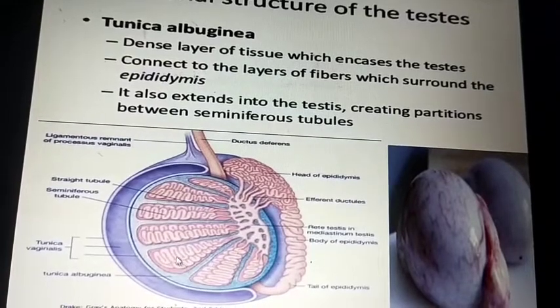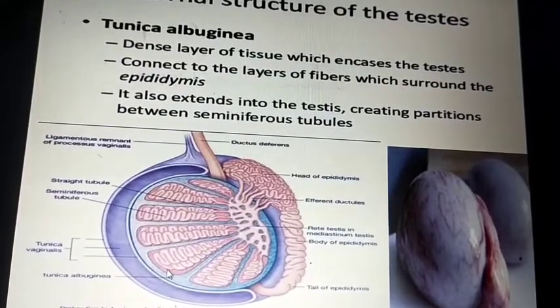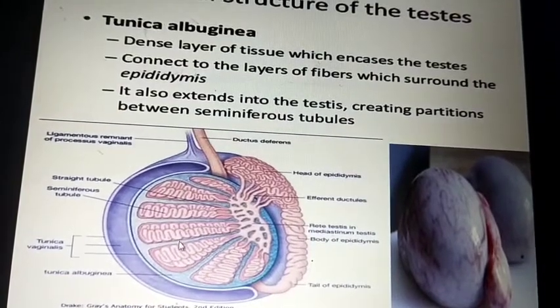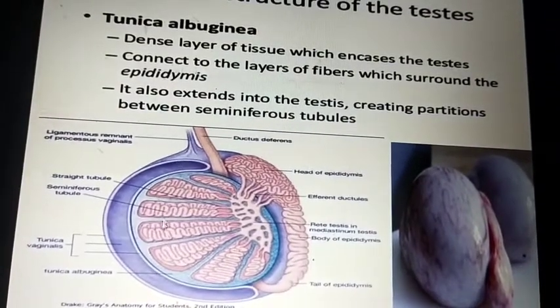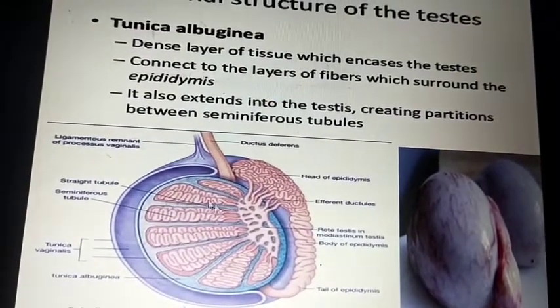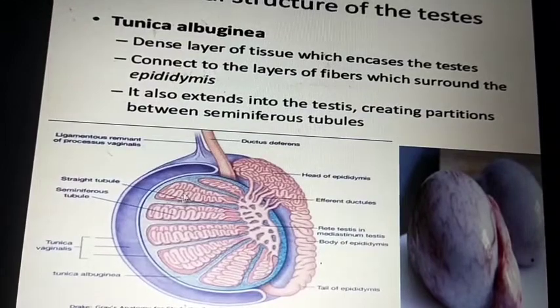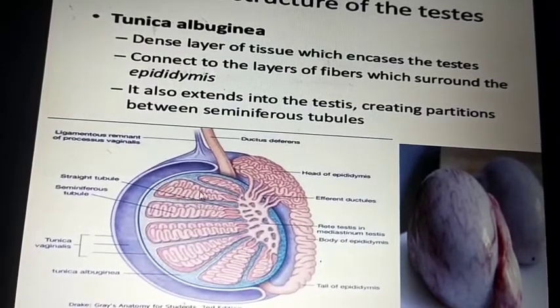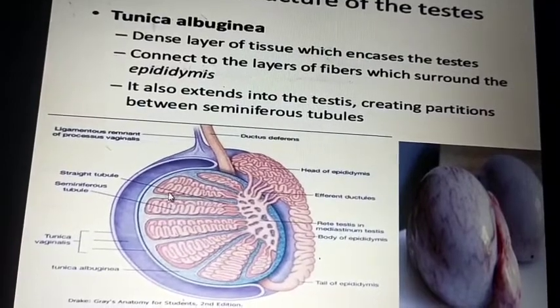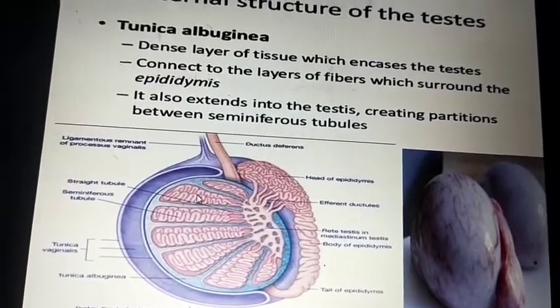It also forms the partitions in between the seminiferous tubules. These tubules, or ducts, or lobules, are formed by the dense tunica albuginea, which forms the partitions between the seminiferous tubules, or you can say lobules. This whole thing is one lobule, and these coiled structures you can call seminiferous tubules.